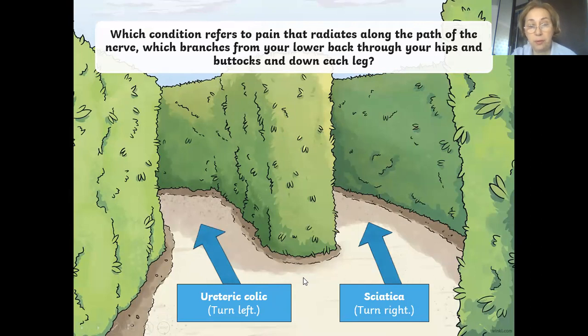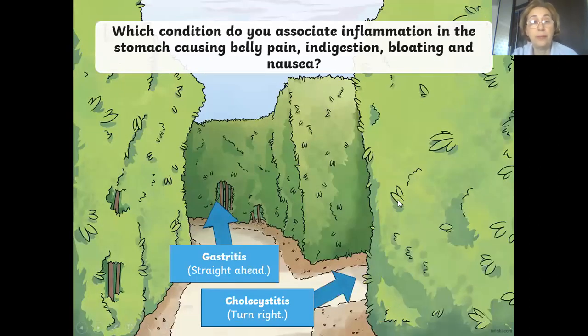Your choice. Should we go left or right? Maybe left. So ureteric colic, and look, this is a pain in your hips and sciatica. Sciatica. Yes, sciatica. Yes, you're right. Okay.